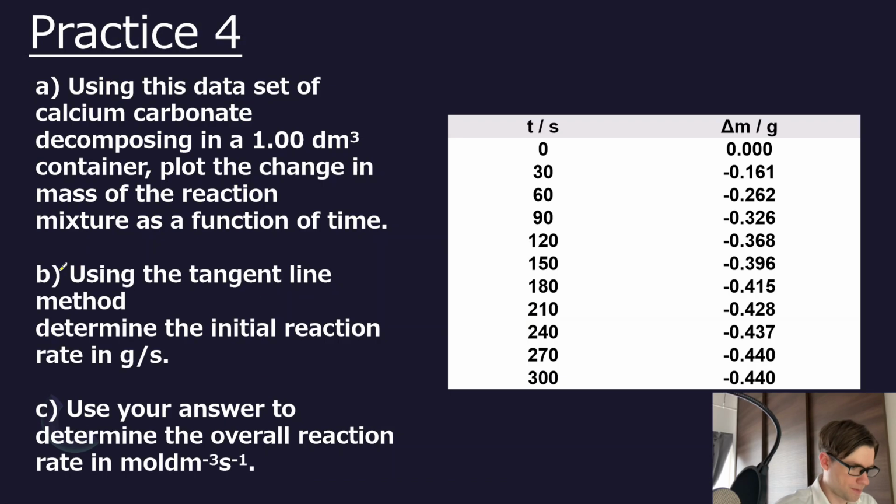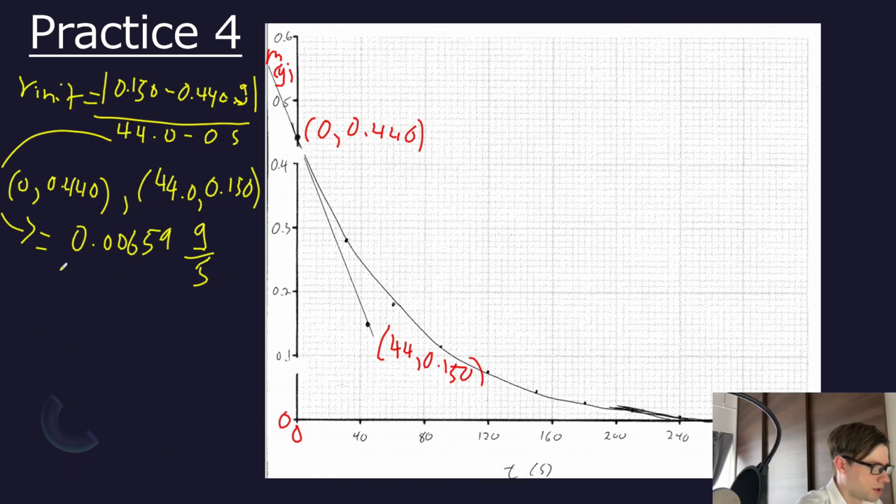Part C then was determine the overall reaction in mole per decimeter cubed per second, the rate of the overall reaction. So what did we just find? This is with respect to something, right? But is it the overall rate? Well, it is the rate with respect to CO2.